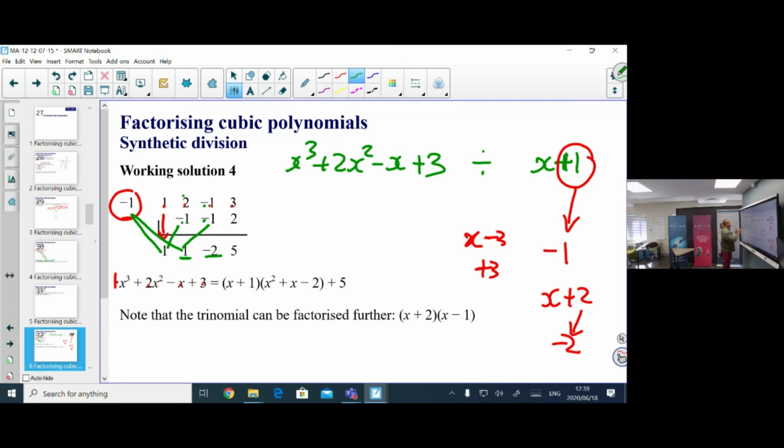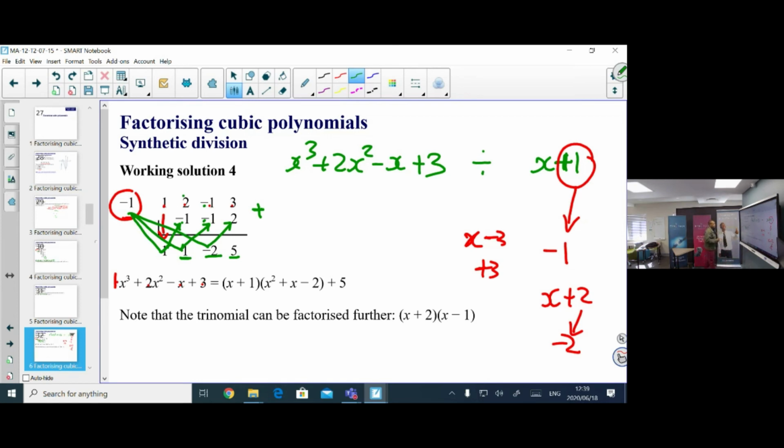Now you have your minus 2. You now multiply again minus 2 with that minus 1. And then you get your solution. So that solution will be positive 2. Then you add. So you're always adding. You add this and this, you get 5.